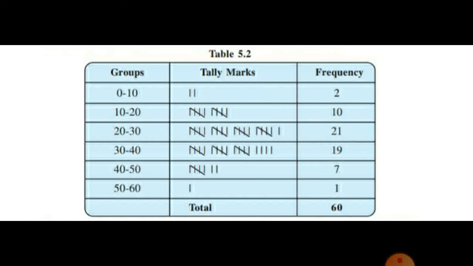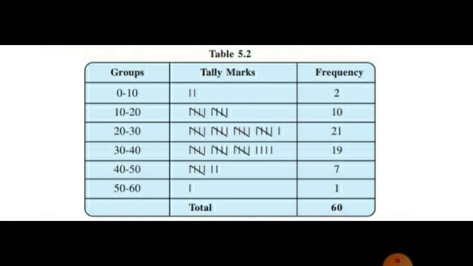So for convenience, we make groups of observations, say 0 to 10, 10 to 20, and so on, and obtain the frequency distribution of the number of observations falling in each. Data represented in this manner is said to be grouped, and the distribution obtained is called grouped frequency distribution.